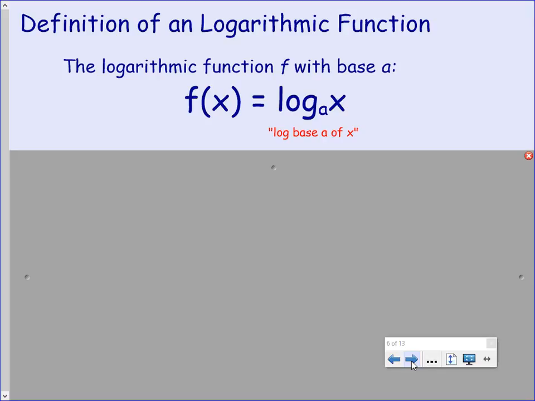Here's the definition of a logarithmic function. This is our basic logarithmic function. We're going to be working with the basic logarithmic function when we're graphing.